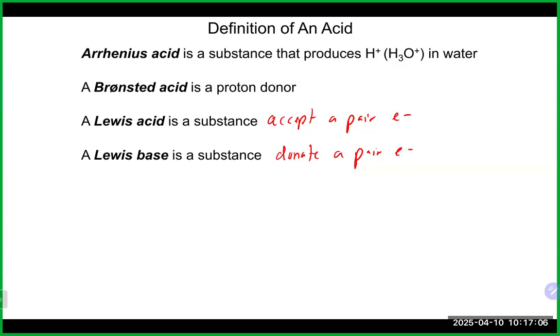Now, when we think about what would make something a good Lewis acid, something that would want to accept electrons, that is something that is frankly electron deficient. What that means is essentially, if you are losing some electrons, you become positively charged.